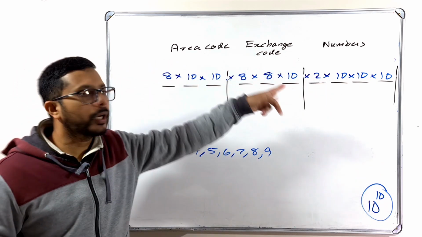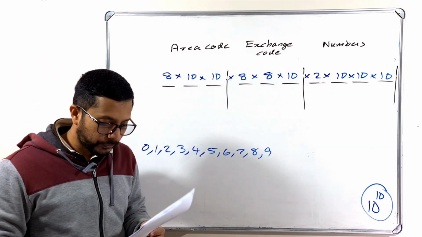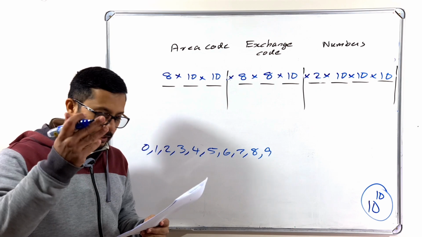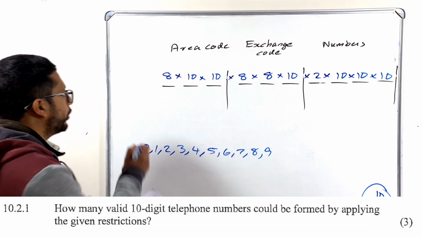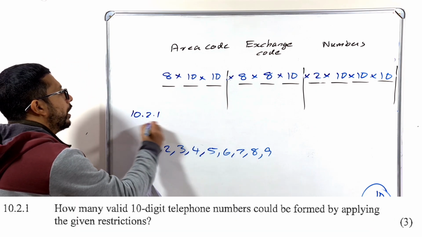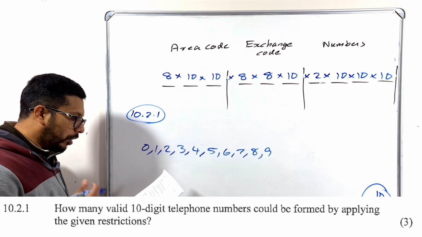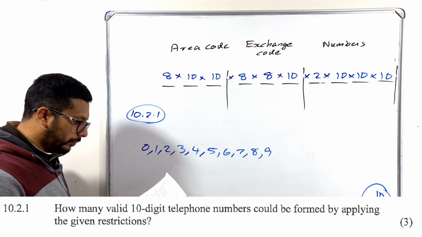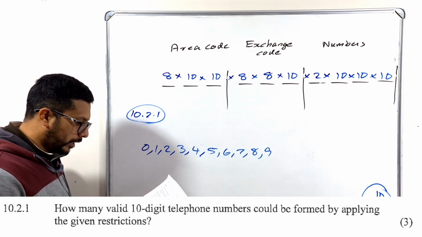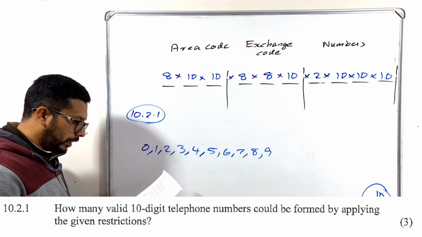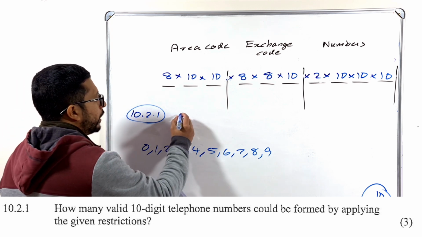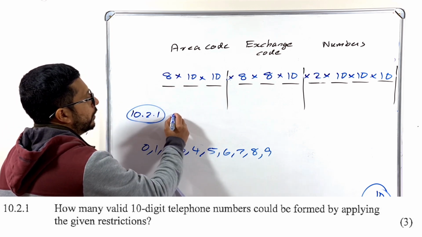So now you have to multiply all of these. What is the first question, 10.2.1? According to that condition, how many valid 10-digit telephone numbers could be formed by applying the given restriction? So how can we write?